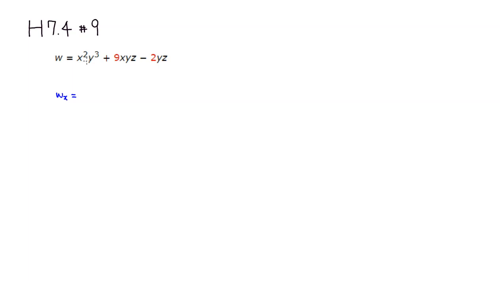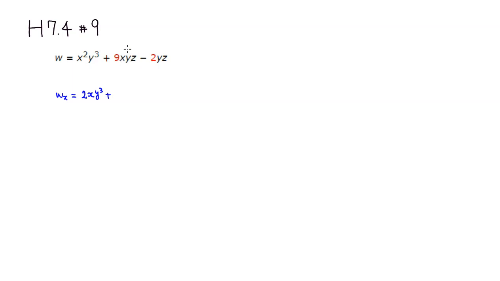Partial derivative of this, so x squared is going to be 2x, and y cubed is just a number, so I'll just leave it alone. Plus, you have a 9, and y and z are just constants.